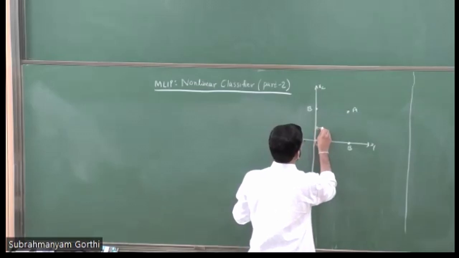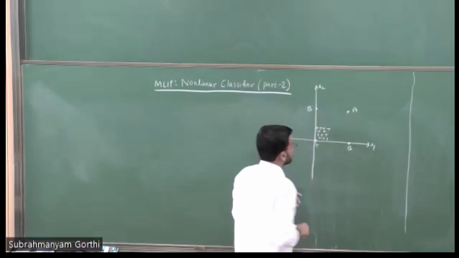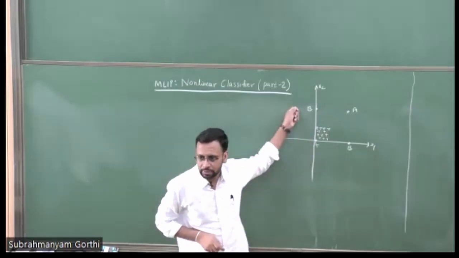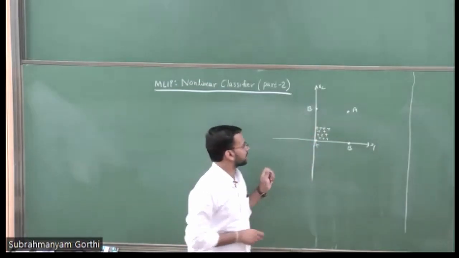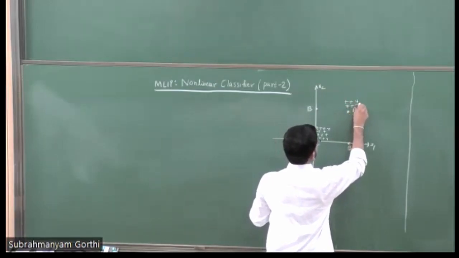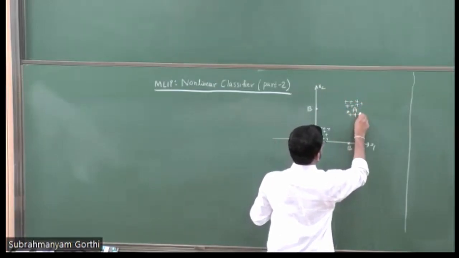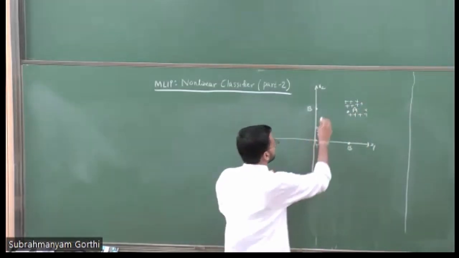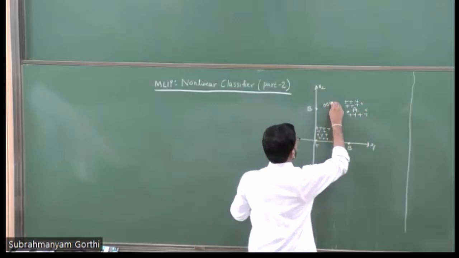Even if I don't take that, assume that I have some samples here. Samples means in my training vectors x bar, if I plot x1 and x2 for one class, I am getting samples here, and for the same class I am getting some samples here. Okay, and there could be other samples which are coming there.